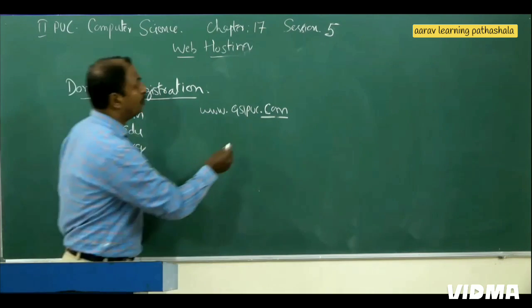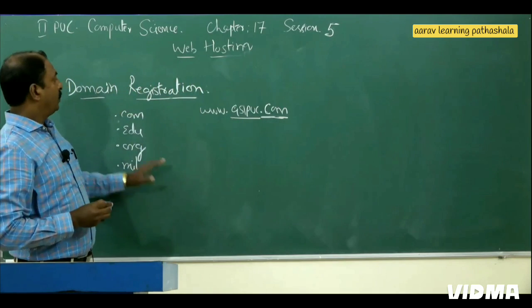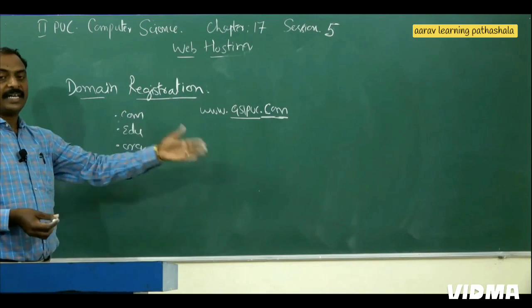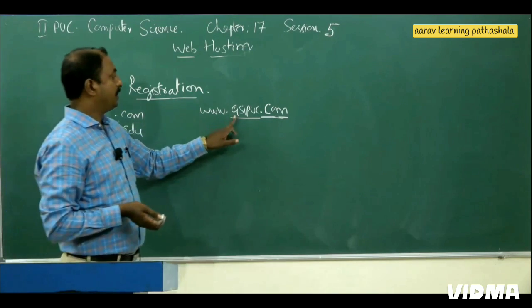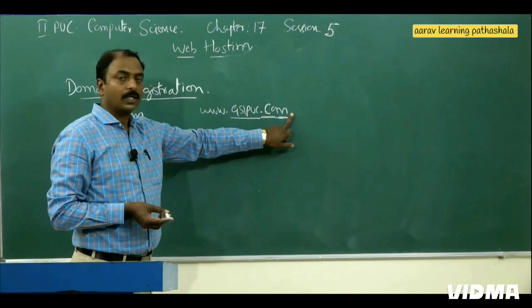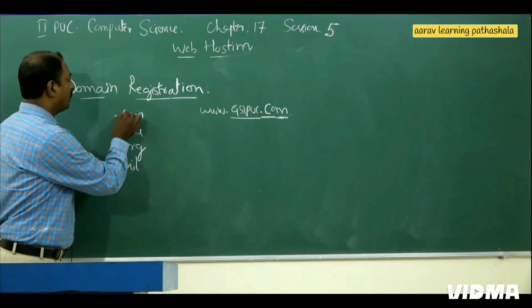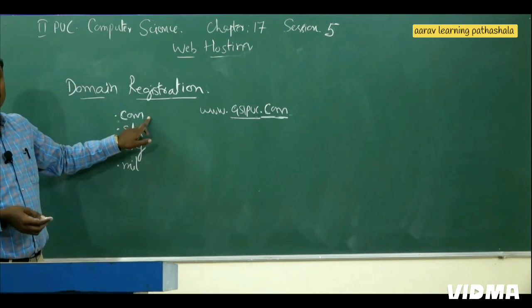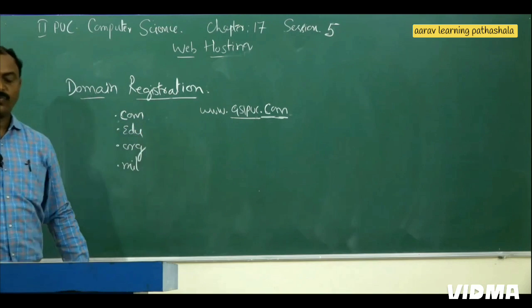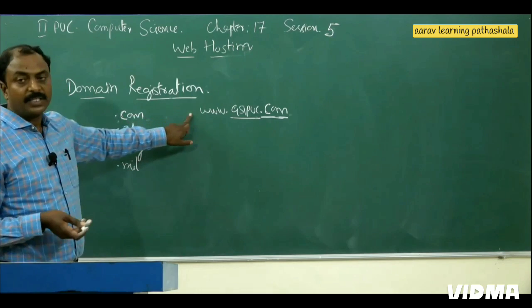First of all we decide the name of the website, for example GSIPUC, and we look for a domain. Generally .com is given for commercial applications, for any website developed with the intention of business or commerce.